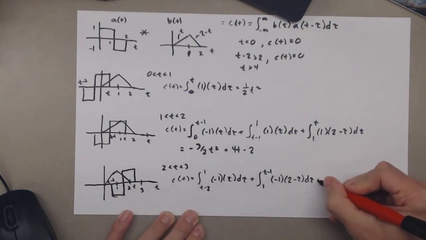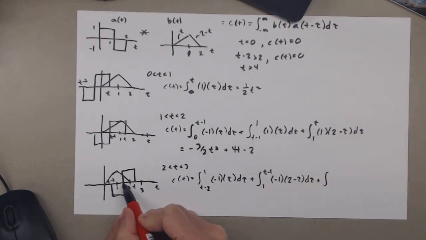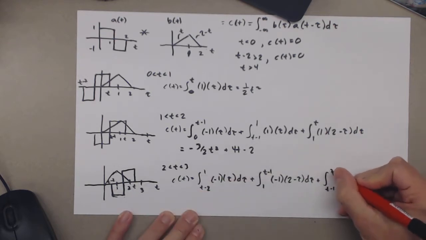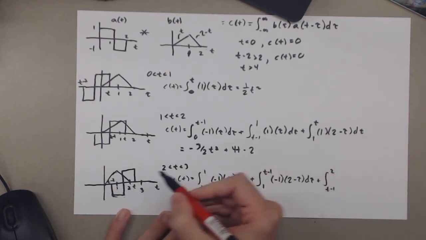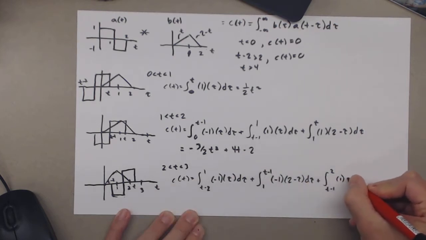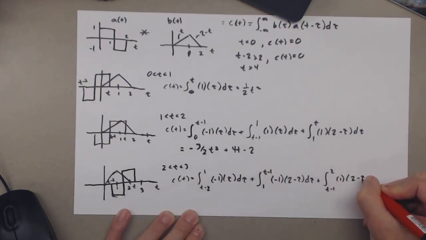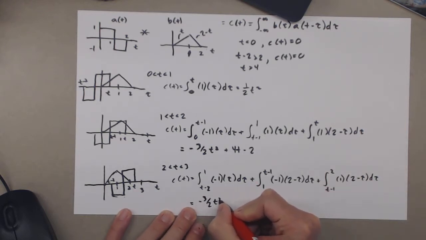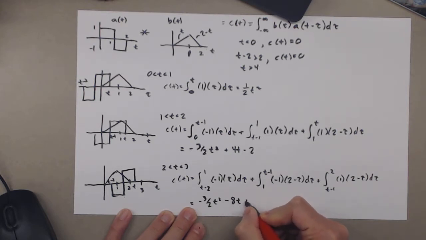And then our last piece is between t minus 1 and 2. We need to integrate where A of t minus tau has a value of 1, and B of tau has a value of 2 minus tau, d tau. Do all the math. Double check, because you probably added up wrong like I did a bunch of times, and you get this.